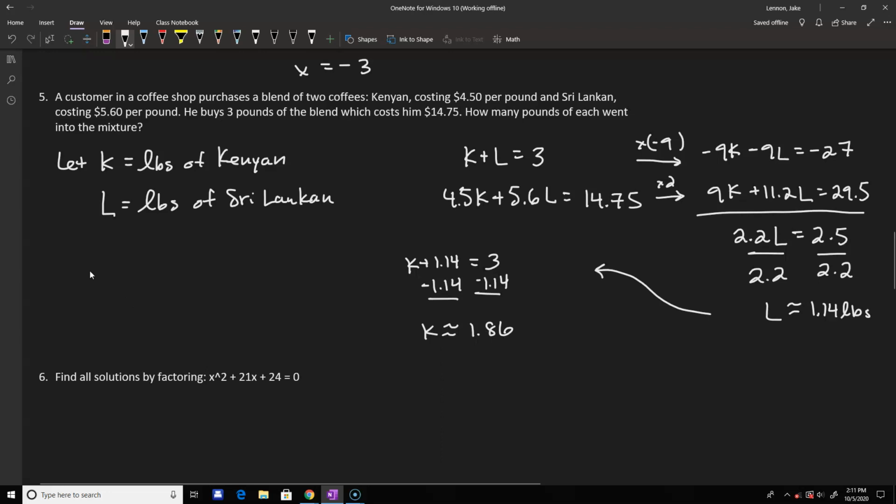The conclusion is the blend contains 1.86 pounds Kenyan and 1.14 pounds Sri Lankan.